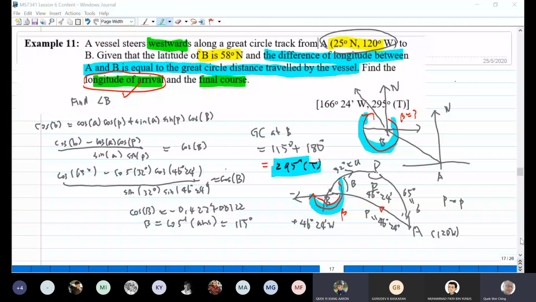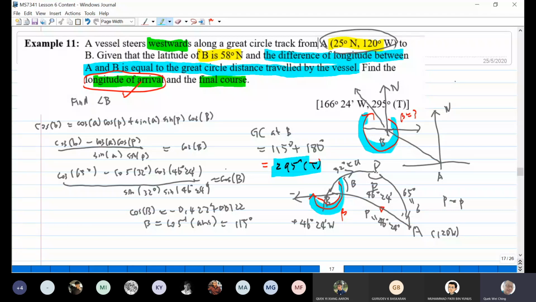Can I ask you one question? Yes. For the cosine B, how do you get 115 degrees? Okay, cosine B, you press the calculator, minus 0.422. Then you find the cosine inverse.